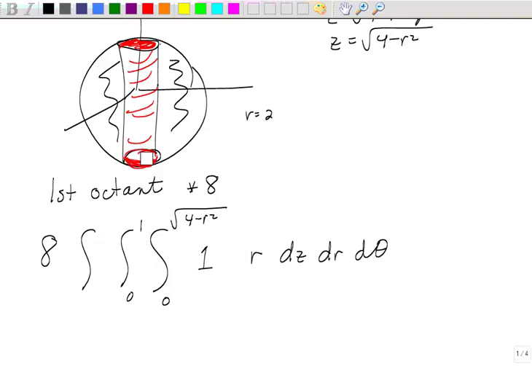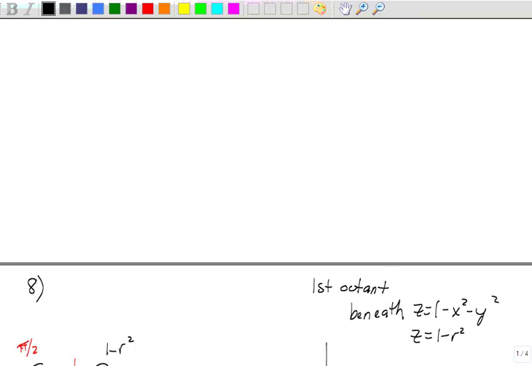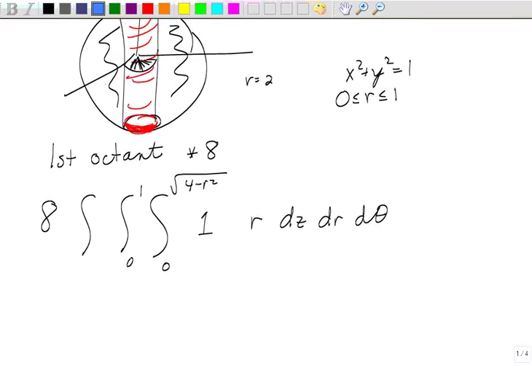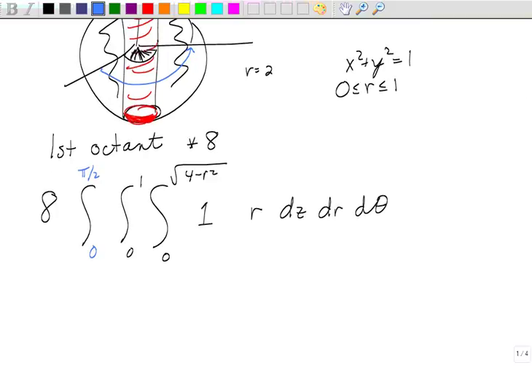All right, so r is going to go from 0 to 1, because we have x squared plus y squared equal 1. So r is less than or equal to 1, and 0 because we're in the first octant. And then we have theta, and theta goes from 0 to pi over 2 because we're in the first octant. All right.